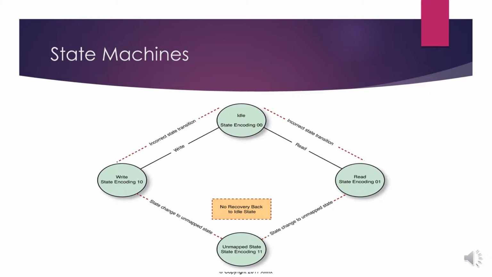And while it may change the functionality of the design, that can be mitigated for at the higher level, and we can carry on. If actually the bit flip flips us into a state that is unmapped, then we're locked in that state and we can't recover from that without power cycling, which is quite embarrassing if we're in an aircraft or something. We need to make sure that isn't the case. So we need to be able to recover back to that idle state.